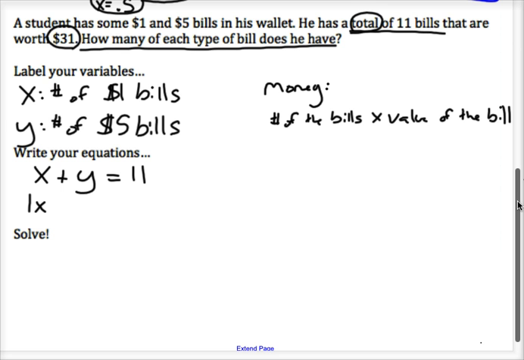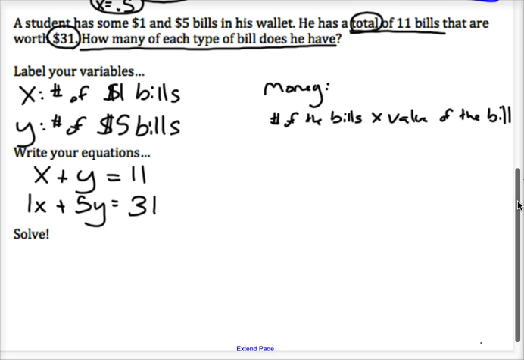For the $5 bills, they're each worth $5, and I have y of them. So I'm going to have 5y dollars with those. Then altogether, they are worth $31. So I have my two equations, which means I am ready to solve.